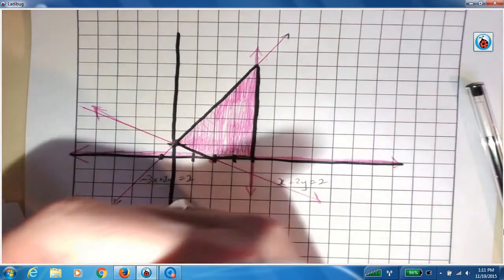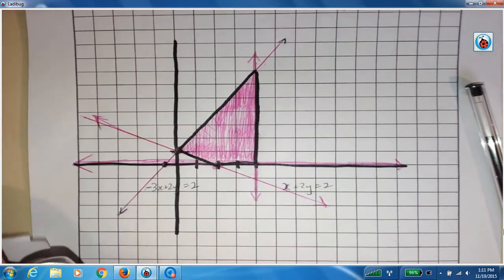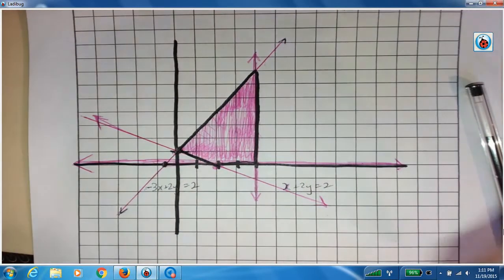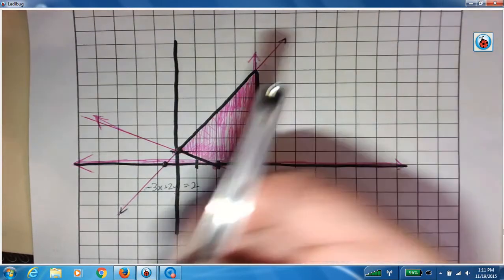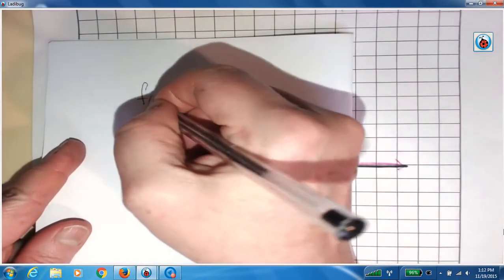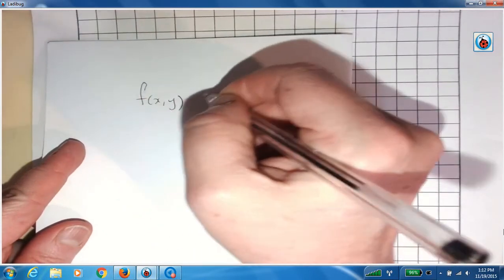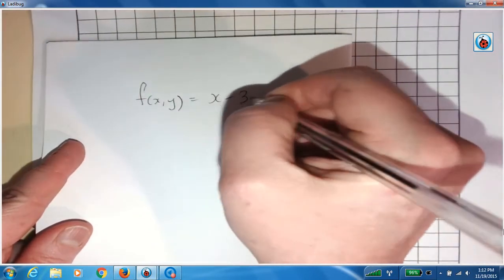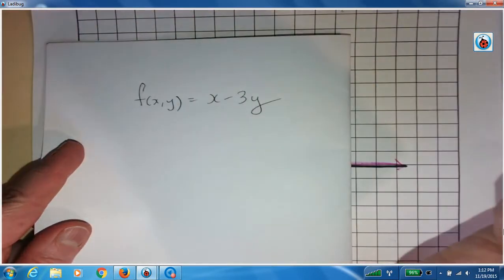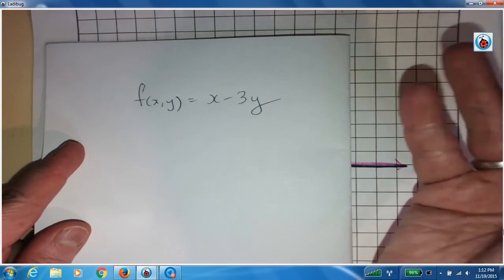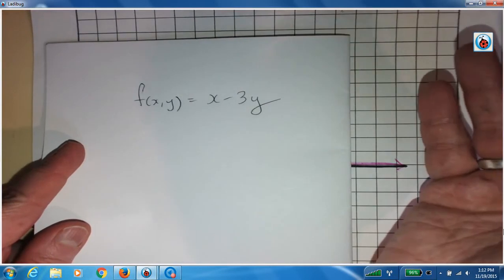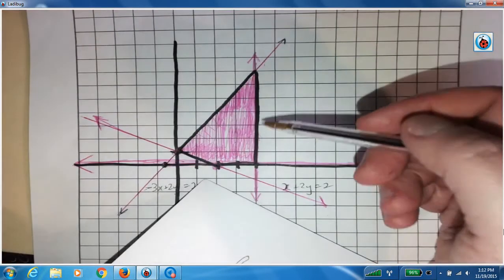Now, if I'm asked a question about minimizing or maximizing the objective function, okay, let's do something like that. Minimize and maximize the objective function for this region.